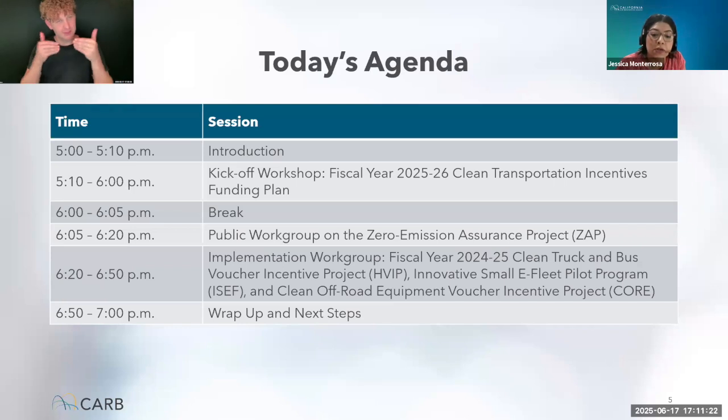We will have a question and answer session after each subtopic. We will now start with the first part of the presentation to update us on the kickoff workshop, fiscal year 2025-2026, Clean Transportation Incentives Funding Plan. I'll hand it over to Stephanie.